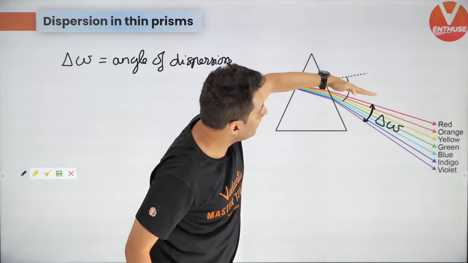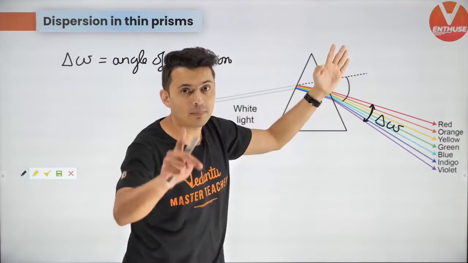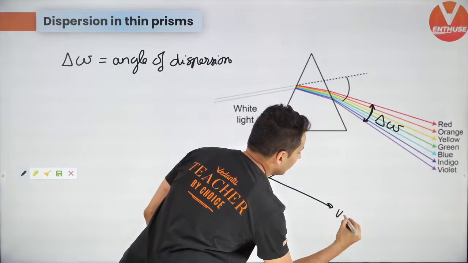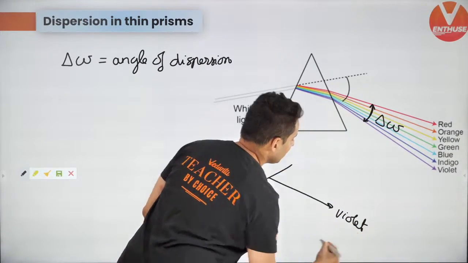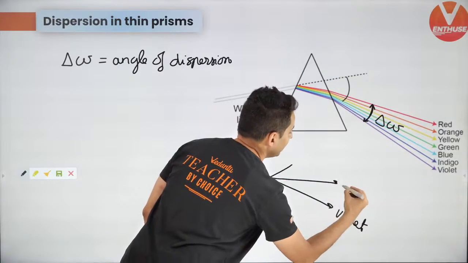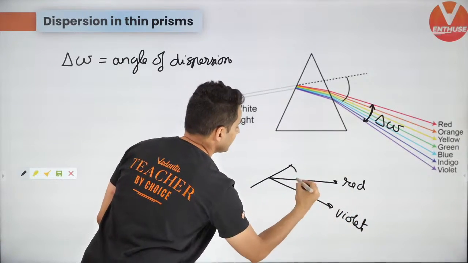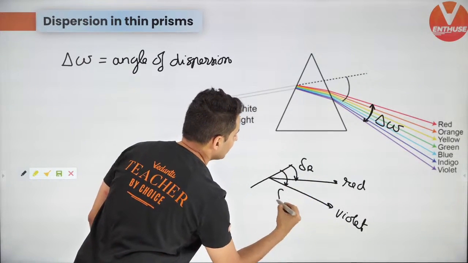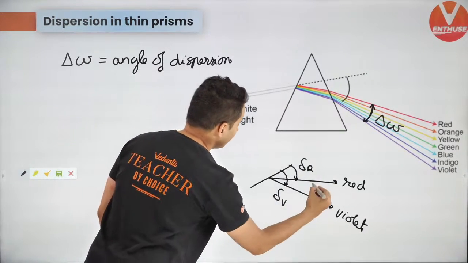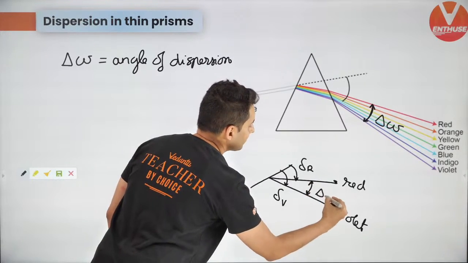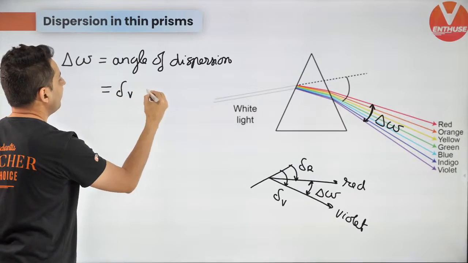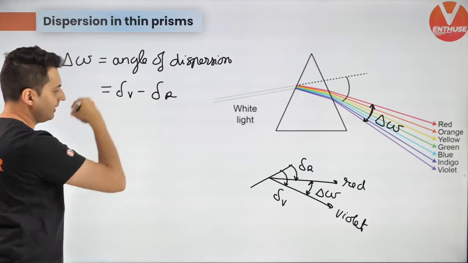How much did the red light deflect by? The subtraction of the two. I'll repeat. This was the violet light. This was the red light. This is the amount by which the red light deflected. This is the amount by which the violet light deflected. This angle is delta omega. So strictly speaking, it is delta of violet minus delta of red.